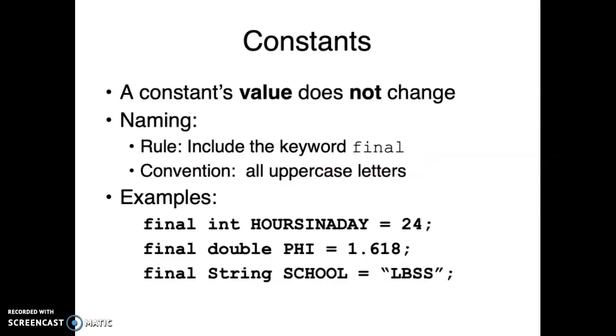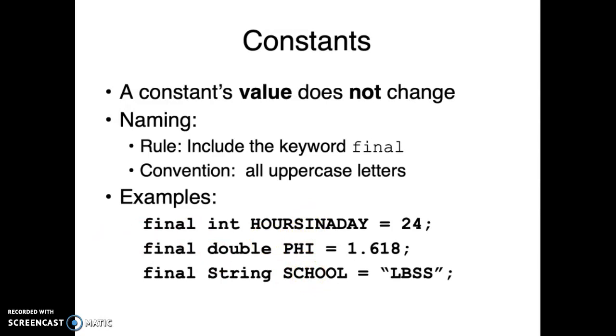Occasionally, we like to make constants which hold a value that never changes. So in the previous example, we were changing the value later in our program. If we never want to change it, it's some sort of hard-coded value, and these are good examples of things that wouldn't change. We're going to use that keyword final, and the naming convention for constants is that they are all in uppercase letters.